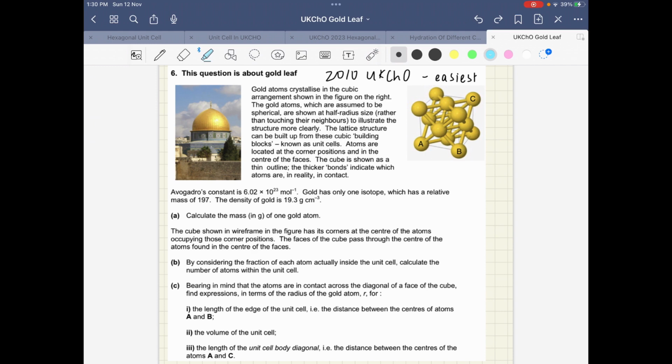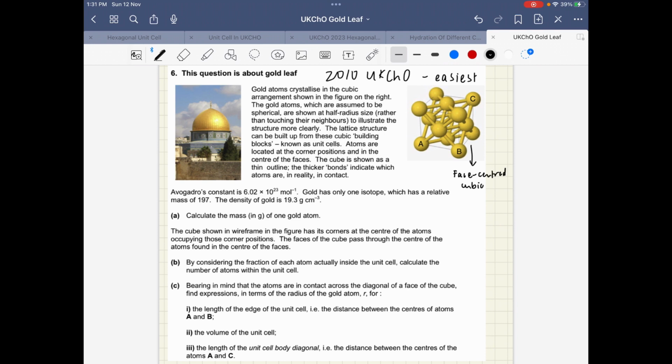In this question, it says that gold atoms will crystallize into this cubic arrangement, which is shown in the figure on the right. When we look at this diagram closely, we can see that it's a face-centered cubic unit cell.